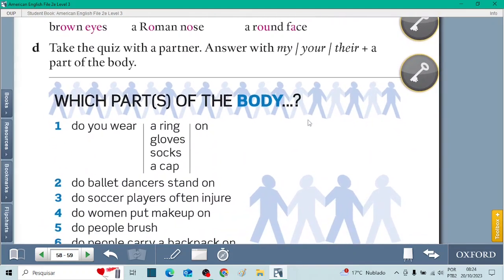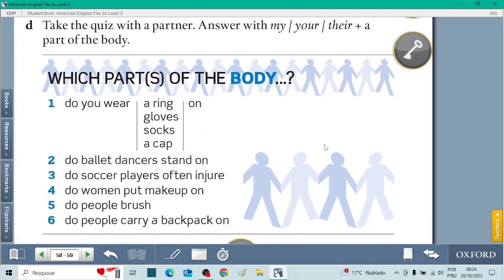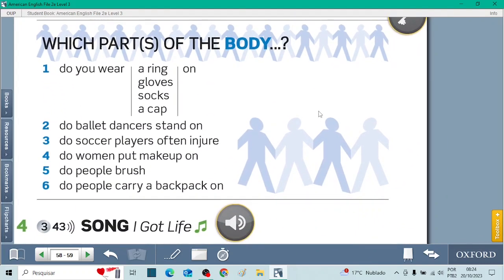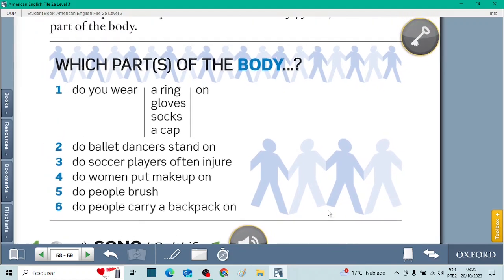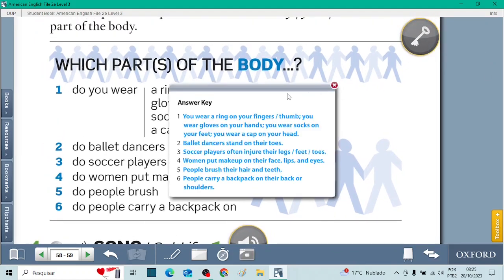Answer with my, your, their plus part of a body, okay? So here, which parts of the body do you wear a ring, gloves, socks, a cap on? So answer these questions here with a part of the body. Okay, checking your answers.